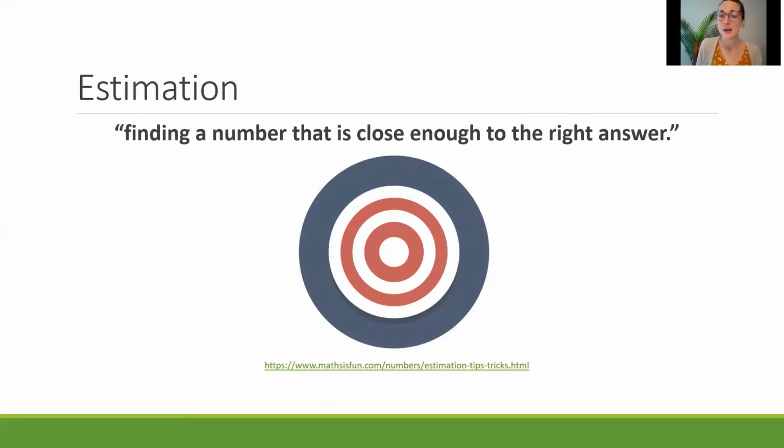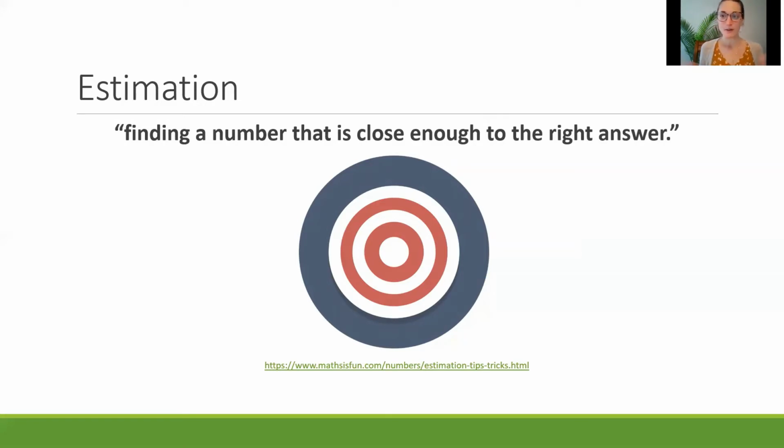Estimation is finding a number that is close enough to the right answer. So you're shooting for the target, but you're trying to just get as close as possible. Now, with estimation, it's going to help you get a ballpark of what your number should look like, which is really helpful, especially if you're working with multiple choice. When you have 4 multiple choice options or 5 multiple choice options, it's really helpful to get an estimation first to say, could it even be close to some of these, or can I root some of them out right from the beginning?